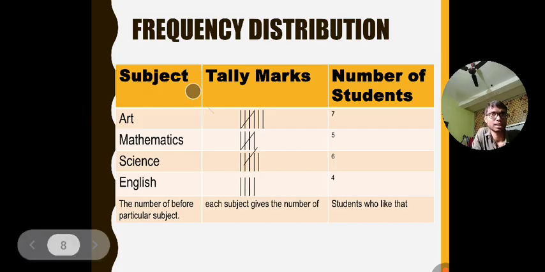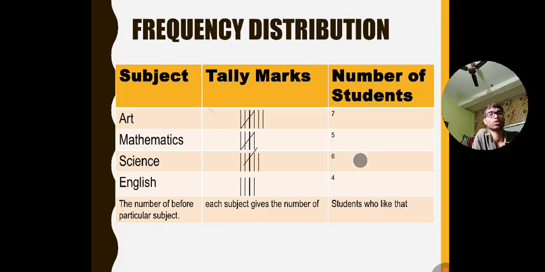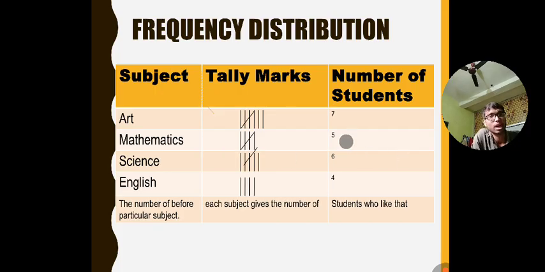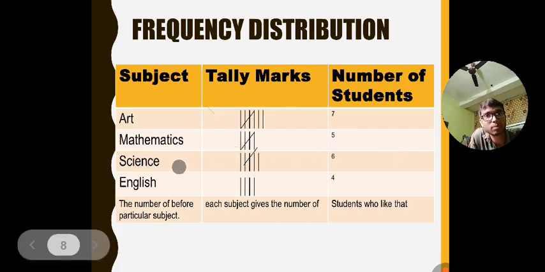Here, subject is a heading, you can consider it as a heading. In this column we will get the name of a subject. In this column we will get tally marks. In this column we will get the number of students. Here 7 is the number of students. 7 students liked art, 5 students liked mathematics, 6 students liked science, 4 students liked English.